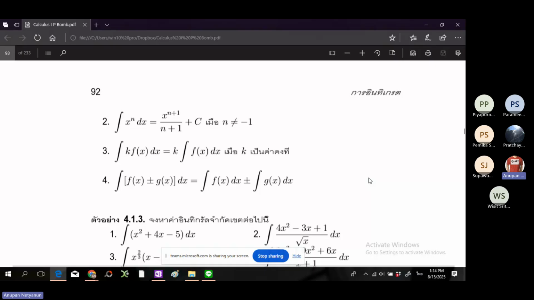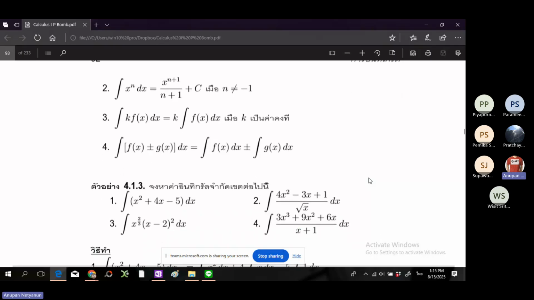You adjust your guess solution by dividing by n plus 1, so after you take the derivative, the n plus 1 will be cancelled. That is the solution.